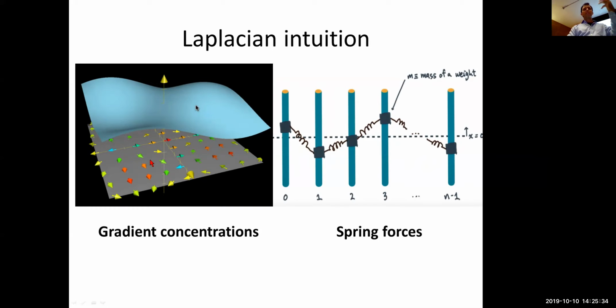And then by looking at the flow of that information on these arrows, the Laplacian matrix effectively allows me to calculate the concentration of the gradients. So if all of the arrows are pointing in, this will be a high Laplacian value. And if the arrows are pointing out, this will be a low Laplacian. Okay, so it's kind of like the second derivative, but in matrix notation. Who's with me on the intuition here?